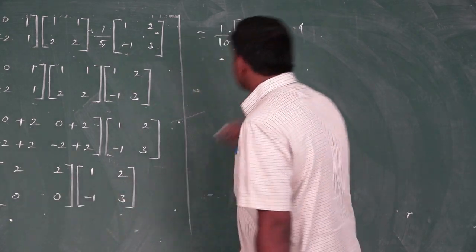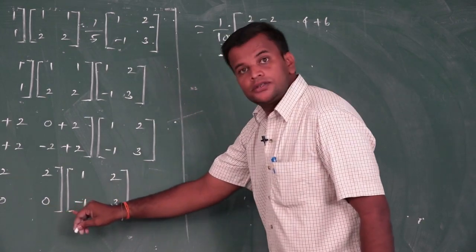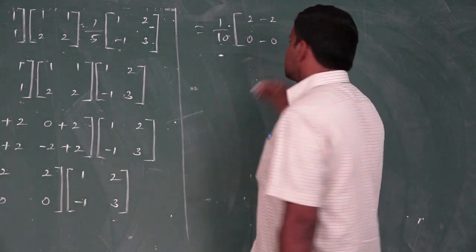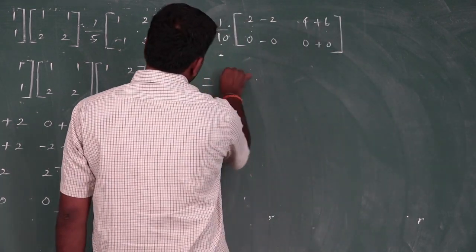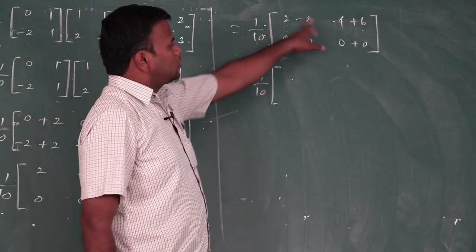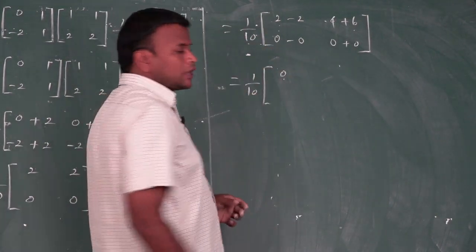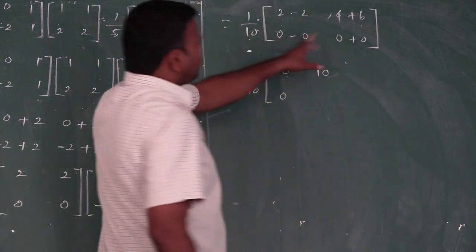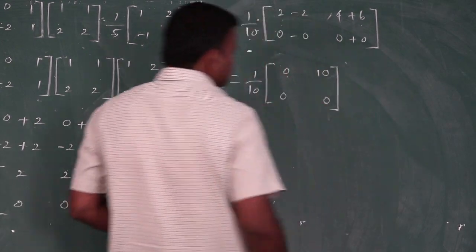Next, 2 threes are 6. Here all elements are 0 because 0 into 2 is 0 and 0 into 3 is 0. So 1 by 10 of 2 minus 2 is 0. 4 plus 6 is 10. 0 minus 0 is 0. 0 plus 0 is also 0.